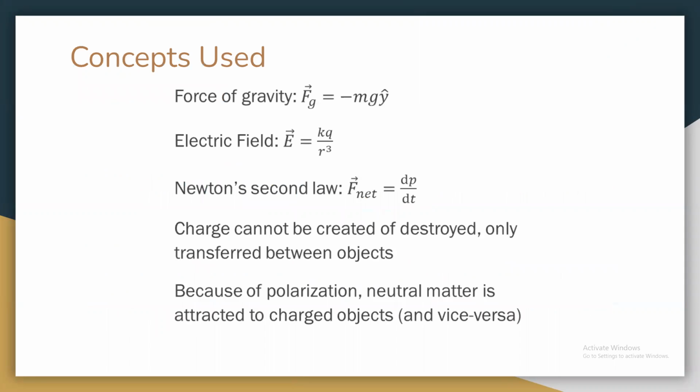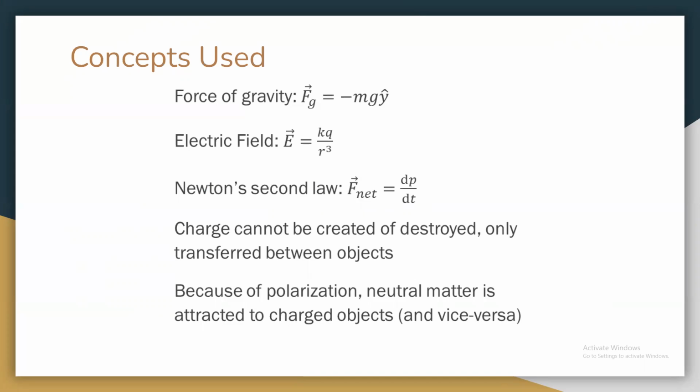Some concepts and equations we'll use for this are Coulomb's law, which tells us that similarly charged items repel while opposite charges attract, and also that the electric force between two charged objects is directly proportional to the charges on the objects and inversely proportional to the distance between the two objects.